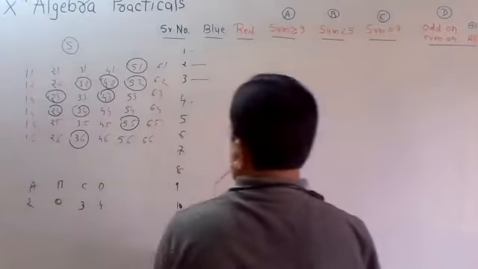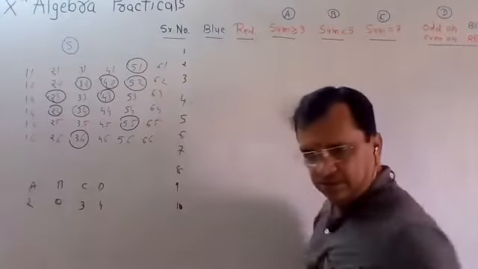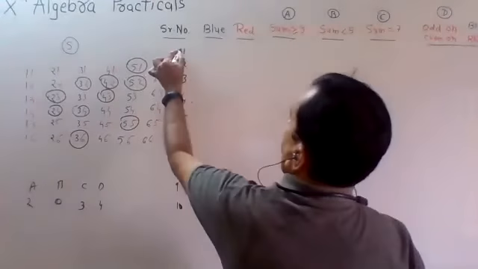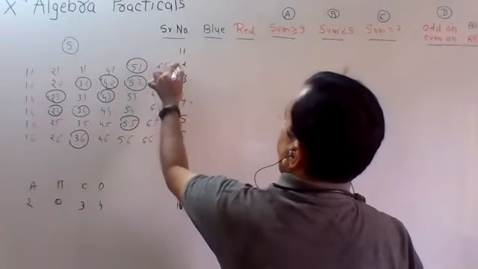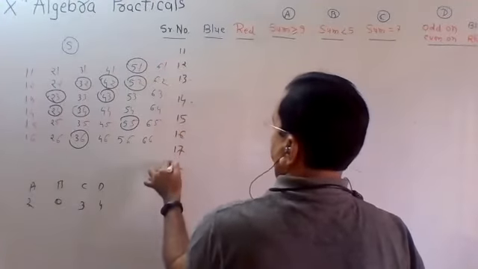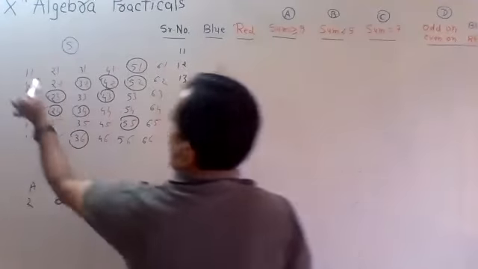So now a new pair we will take. That is 11, 12, 13, 14, 15, 16, 17, 18, 19, 20. Anyone.